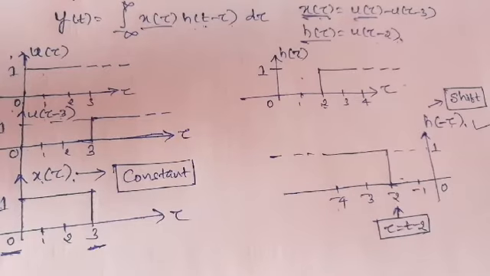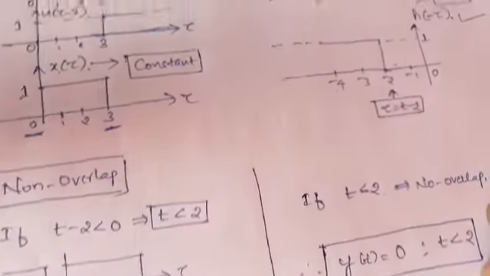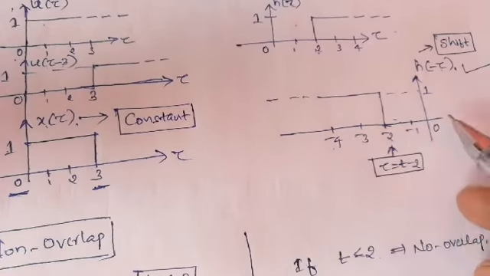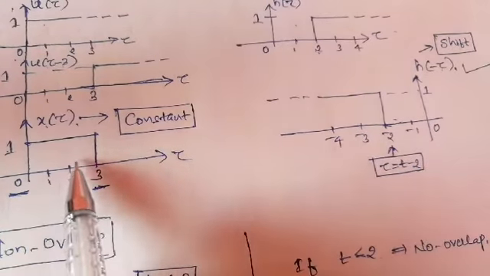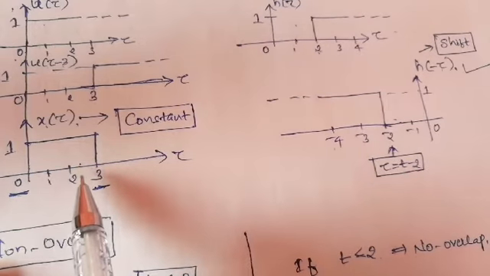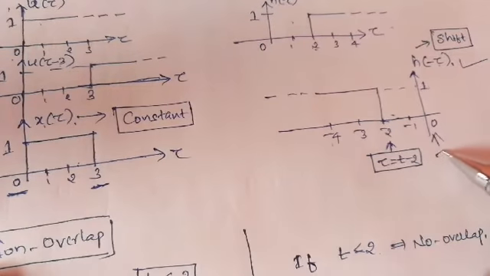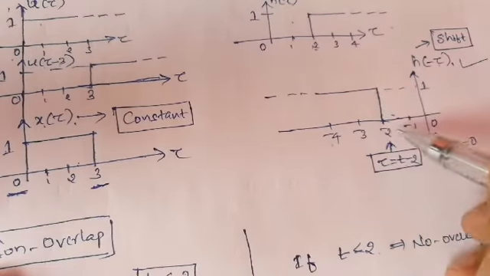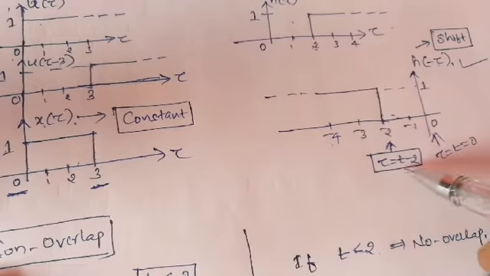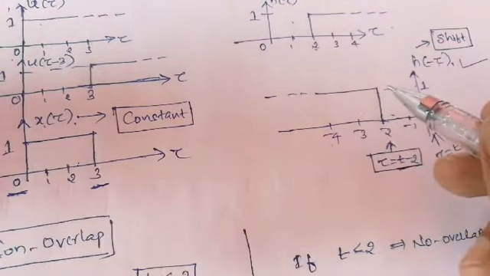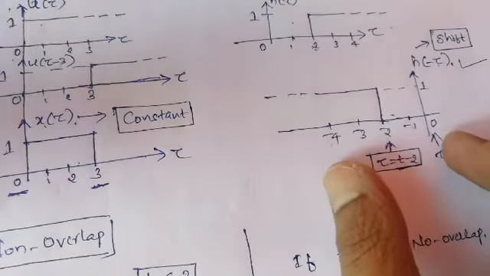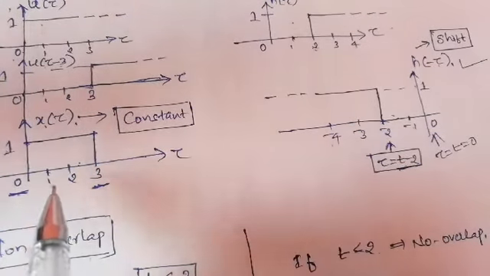Let us see. First we'll discuss the non-overlap case. Non-overlap means we take h(minus tau) and place it over the first signal x(tau) in such a way that there is no overlap between the two signals. Tau equal to t, t minus 1, t minus 2: this is the reference point, the starting point of the second signal, from which onwards the second signal has amplitude.